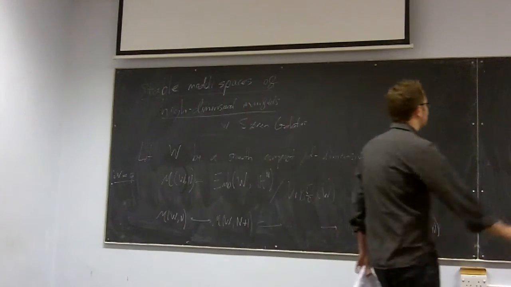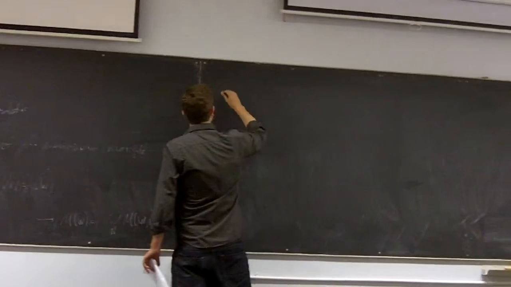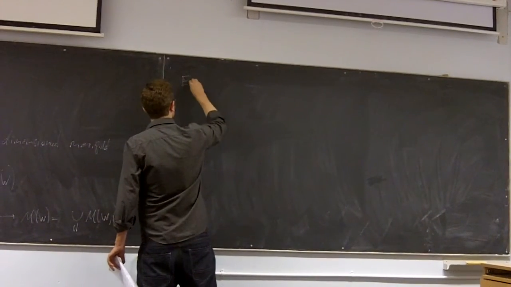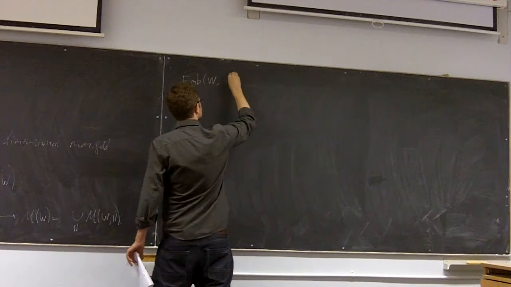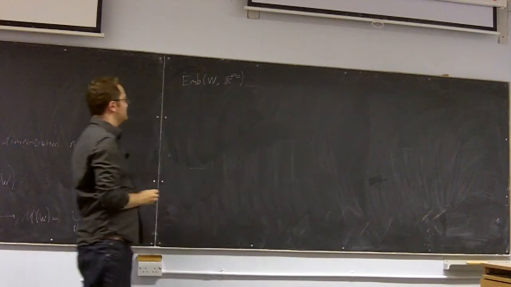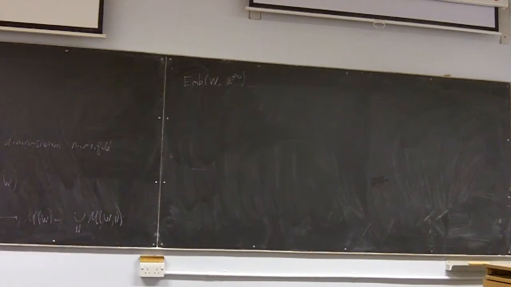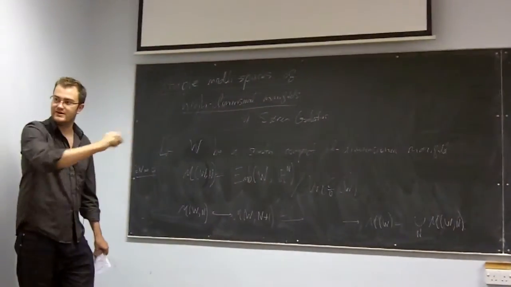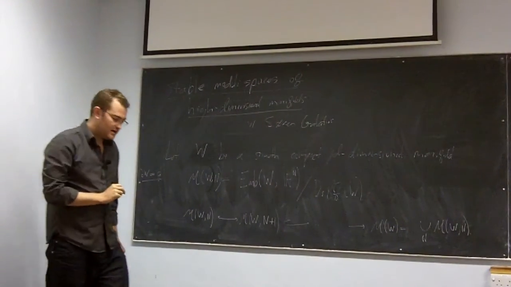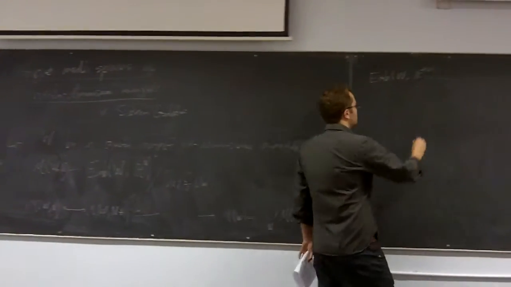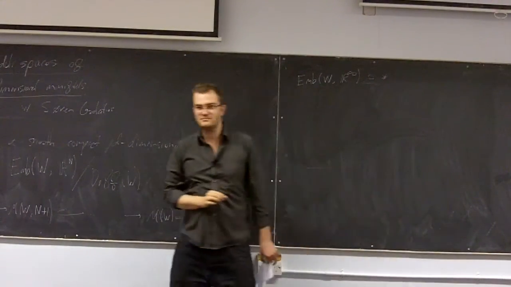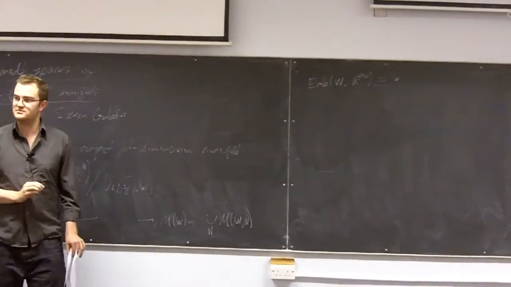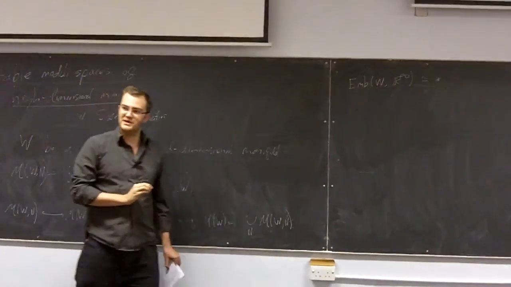What is some justification for that? Well, the space of embeddings of W into R infinity, which now that means the obvious direct limit of the embeddings into Rn, is I'm going to say is contractible, more precisely is weakly contractible, basically by Whitney's embedding theorem.